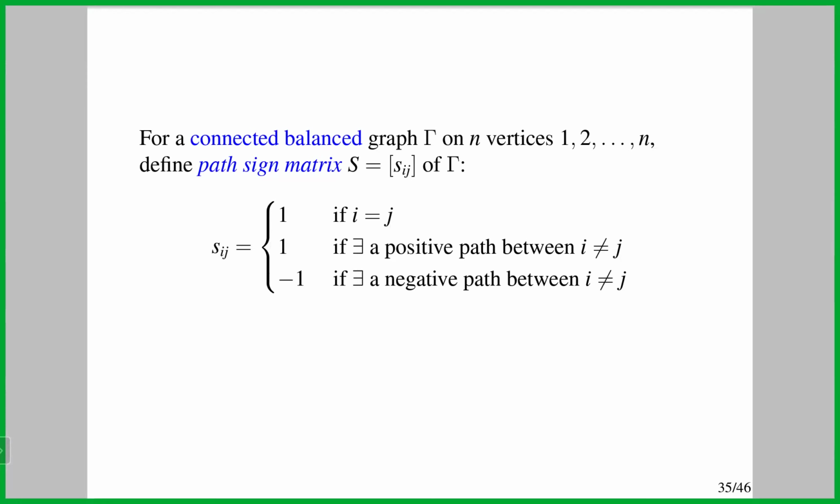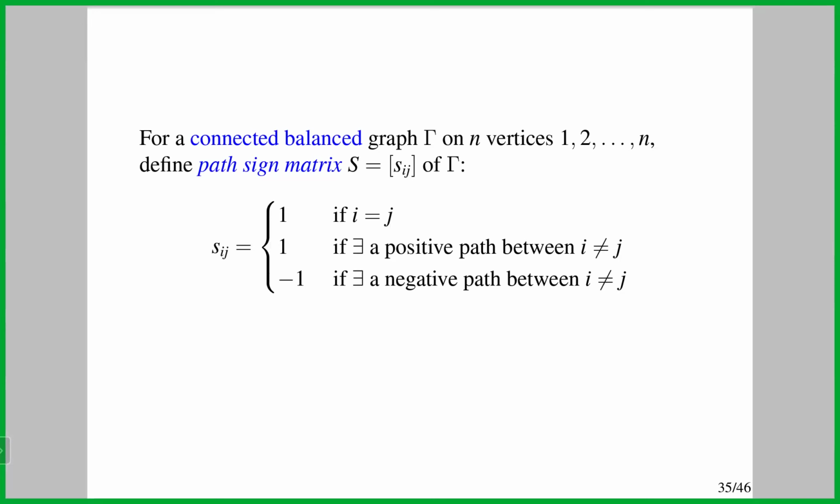Since it is a balanced graph, another characterization of a connected balanced graph is that if you look at any two vertices, all the paths between them are either all positive or all negative. A positive path means that if you multiply the signs of the edges on that path, the product is positive.